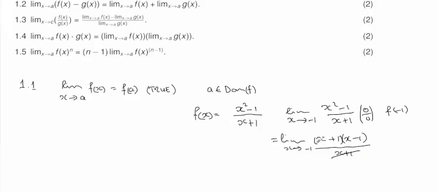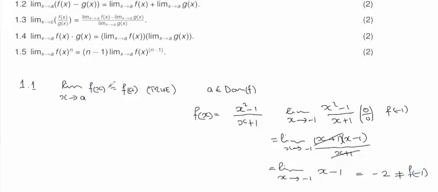So we can see that this simplifies to the limit as x tends to minus 1 of x minus 1, which evaluating directly gives us minus 2. Now this is the limit of this function, and as you can see, it is different from f of minus 1, because it's not even worth saying it's different, because actually f of minus 1 is not defined. Obviously in this case, minus 2 is different from anything which is not defined.